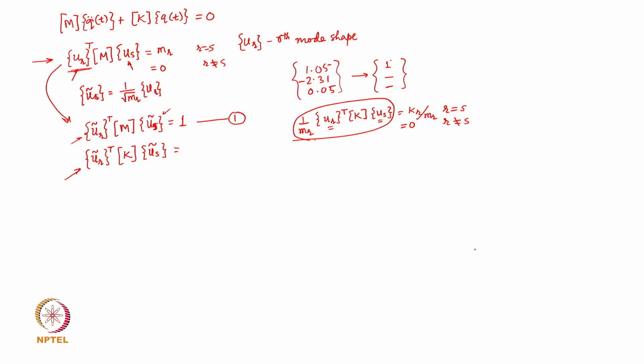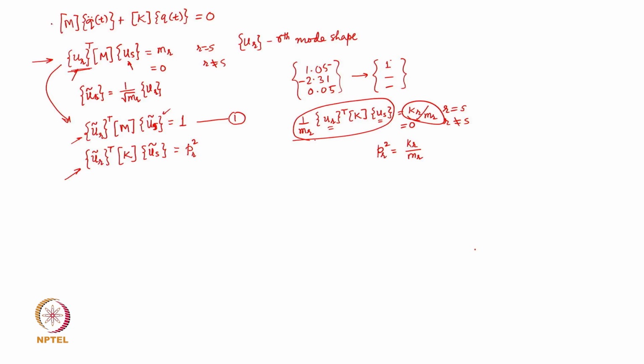And on the right hand side, what does this represent? It represents the rth squared natural frequency pr. So, pr square is kr over mr, okay, and pr square is now the rth mode natural frequency, and that is how you get these equations. Okay.